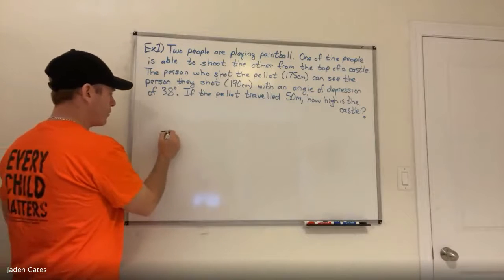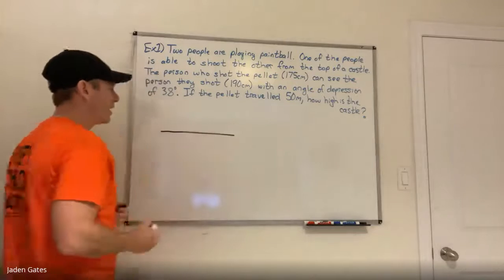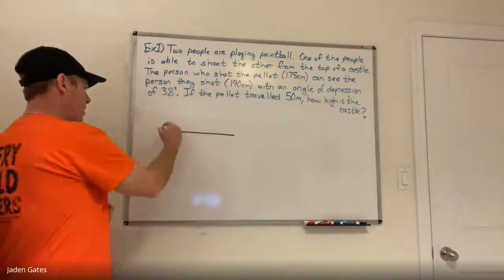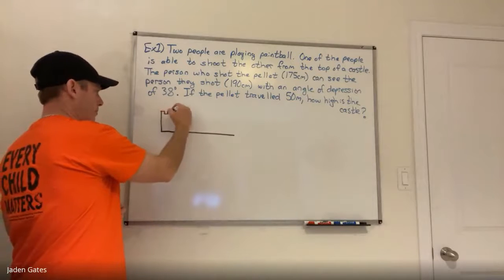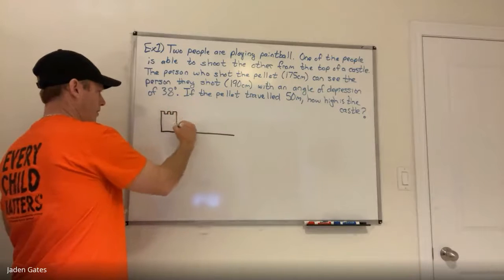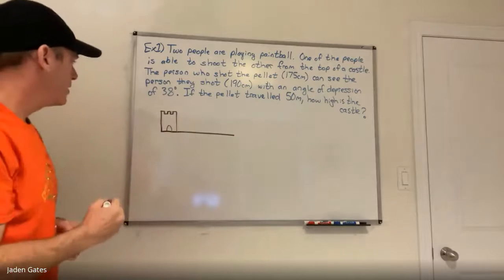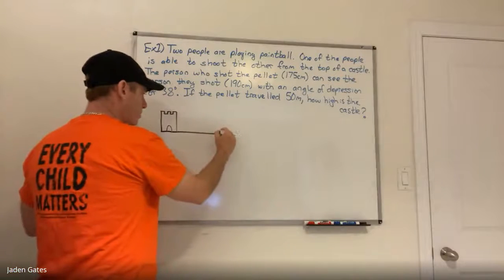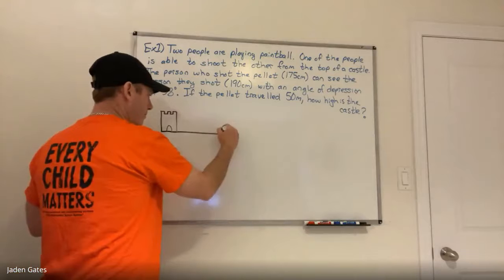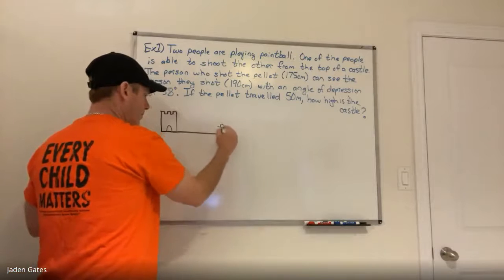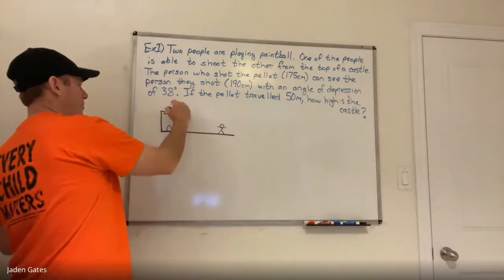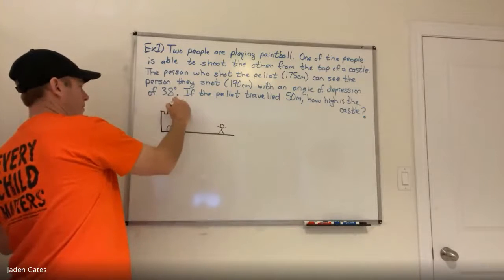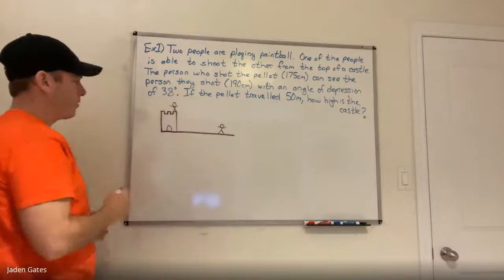All right, so first off, I've got nice level ground. Now I'm going to draw my castle in here. There we go, there's my castle. Now, we've got one person up here, and another person down there.